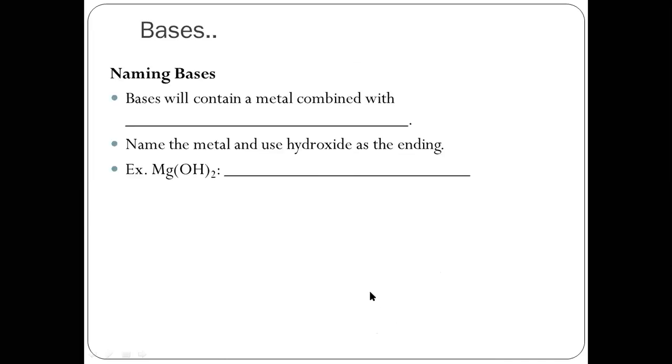Okay, so naming bases. These are easy. Bases are always going to contain a metal combined with hydroxide, which is OH. So to name the base, you name the metal, magnesium.